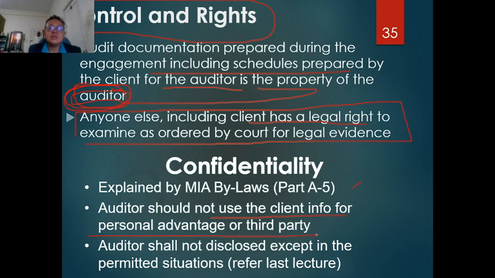It's very important for the auditors to keep the client's information in the working papers confidential. This shall not be disclosed except in permitted situations. Remember previously what the permitted situations are? Maybe when required by law or by the court. So that's why you are allowed to disclose that information, right?